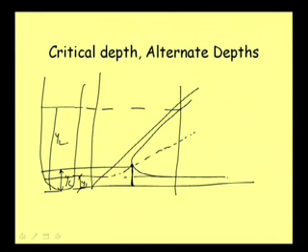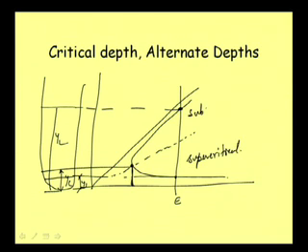Now, for any other energy we have a depth here and another depth here, and when this depth is less than the critical depth, this zone where we are getting the depth is called supercritical, and then on the top it is called subcritical.